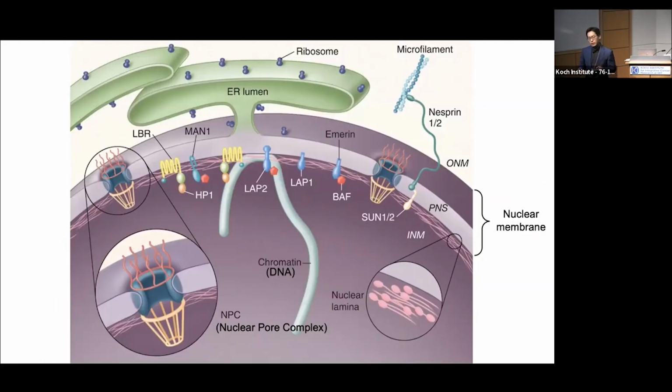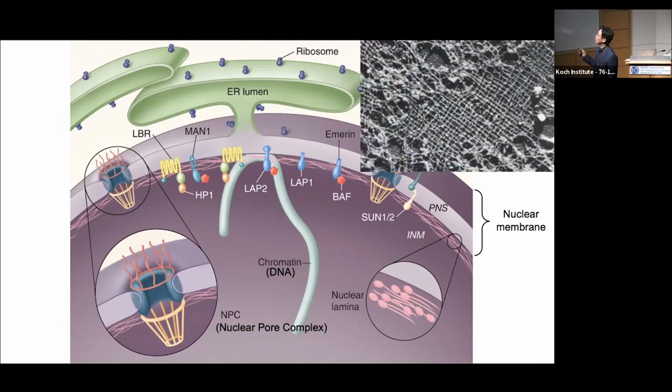So what is the nuclear lamina and why is it important? Why do I study that? First, the nuclear lamina, as a definition, is a meshwork protein structure under the inner nuclear membrane. So you see that it's like a meshwork structure under this inner nuclear membrane. And because it plasters the inner nuclear membrane, it is in close proximity to genetic information or DNA and also other protein components.